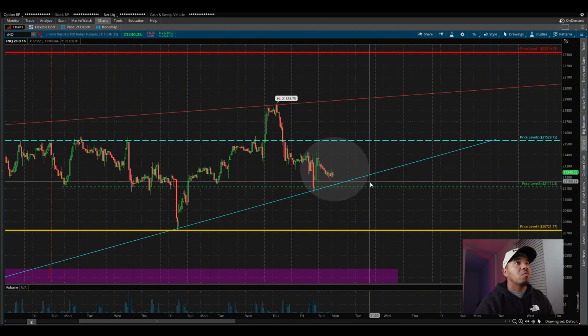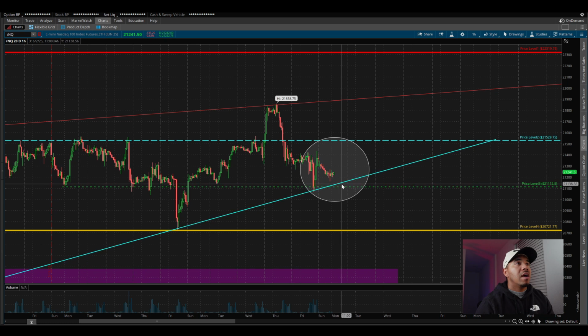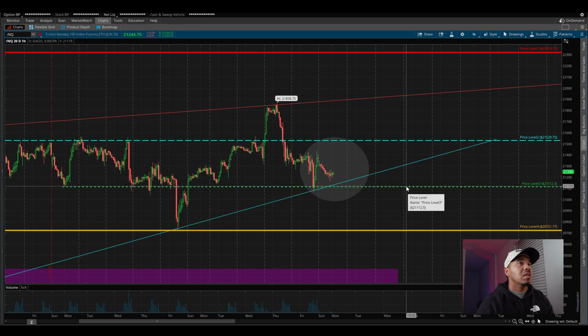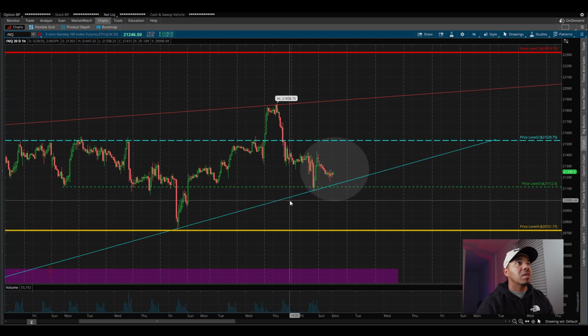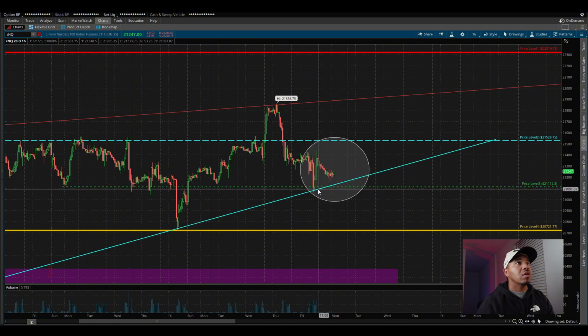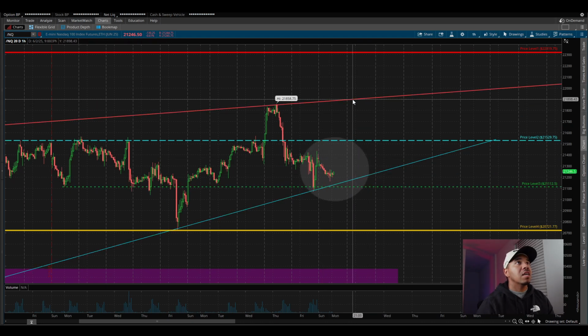For one, I have support here. I have two indicators showing me that the price is going to move up. I have a confirmed uptrend here, and I also have support right here. And I also have my main channels up here showing that the market is moving upwards.